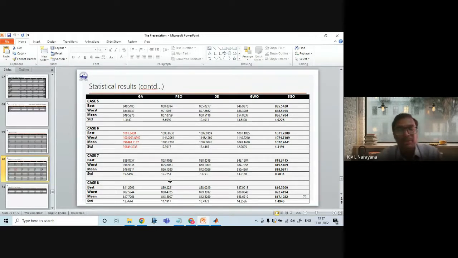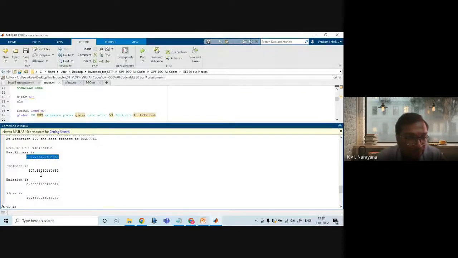So the performance of the algorithms is analyzed statistically by finding the best, worst, mean, and standard deviation of the results. I have shown only one run. In this way, if you run 30 times, because the algorithm is stochastic, probabilistic in nature, it gives 30 different values. If all the 30 different values are close to each other, then the standard deviation is almost less.